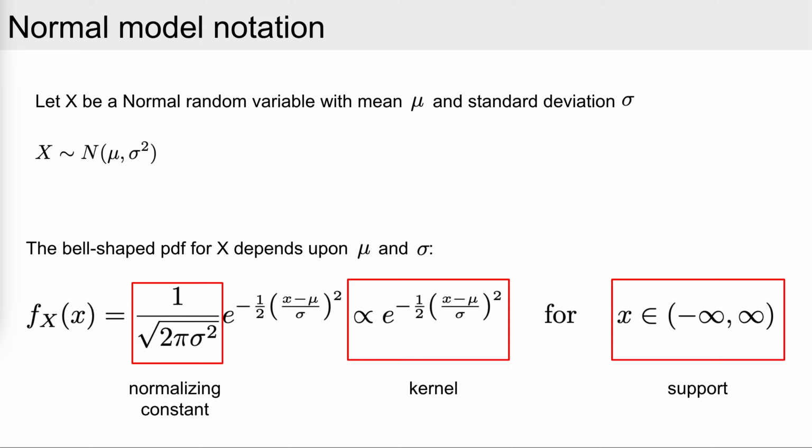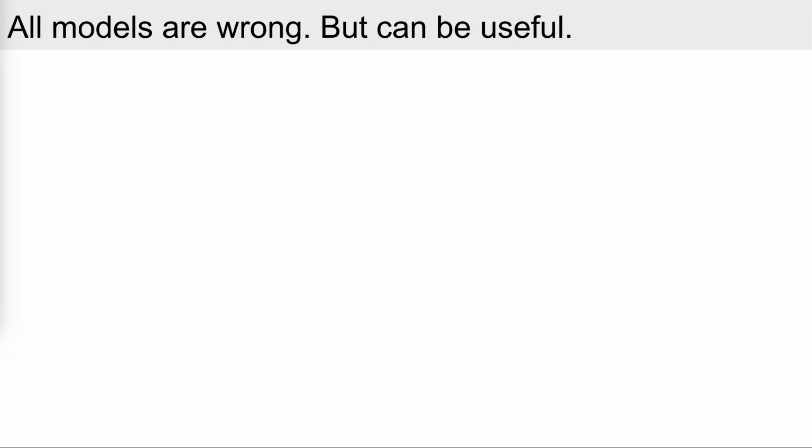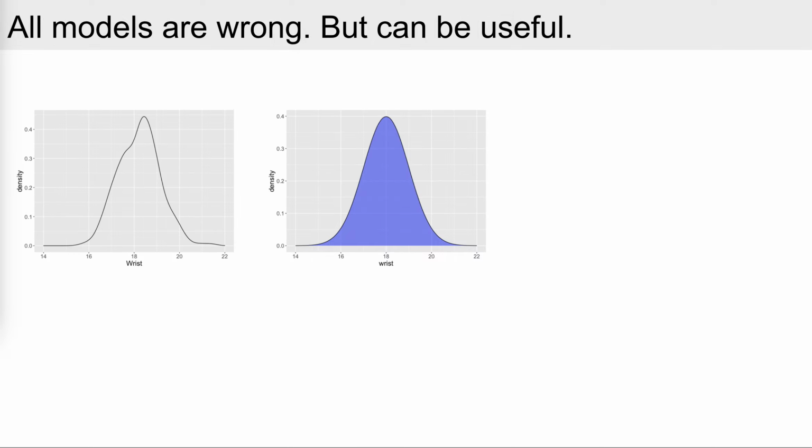Finally, the support of the continuous normal PDF is the entire real line. That is, a normal random variable x can technically take on any value between negative and positive infinity. This support means that the normal model is almost always wrong in practice, but it can still be useful. For example, reconsider wrist circumferences.